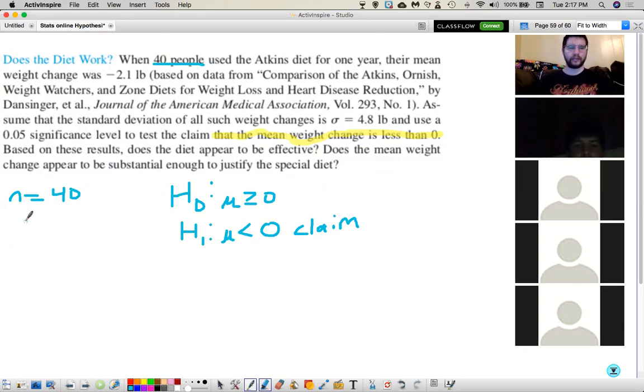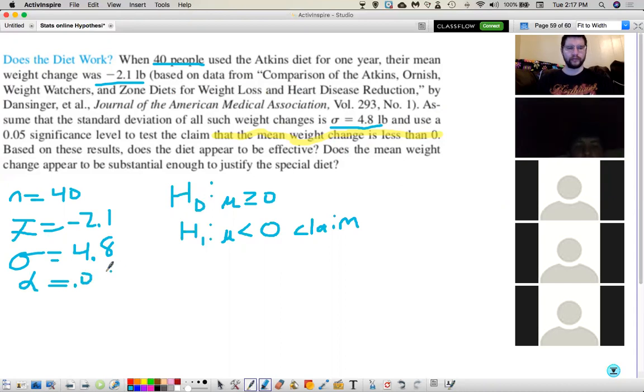Their mean weight change, X bar, negative 2.1. That's right here. A bunch of other words we don't care about. Standard deviation, sigma is 4.8. Alpha, 0.05.